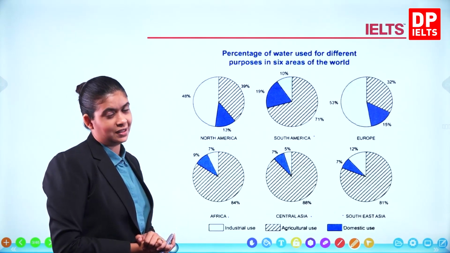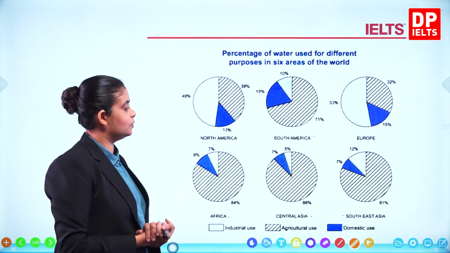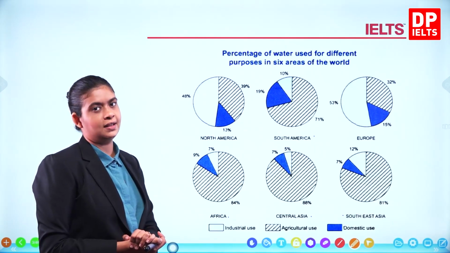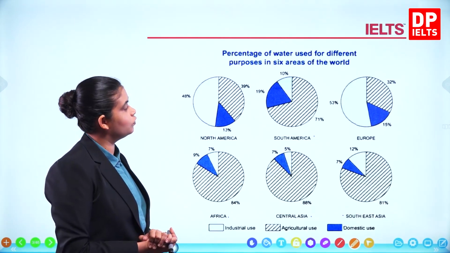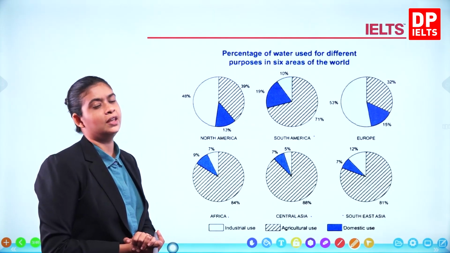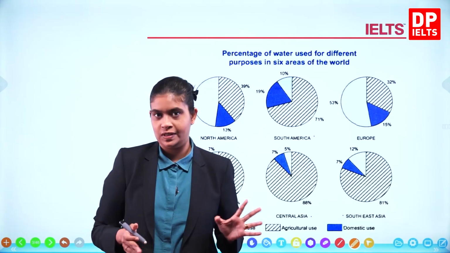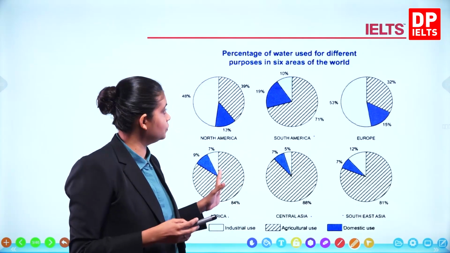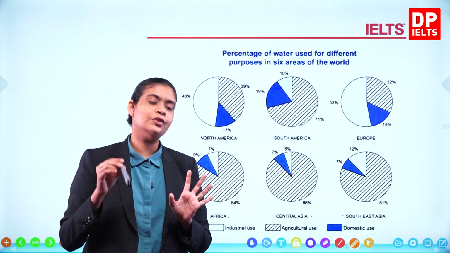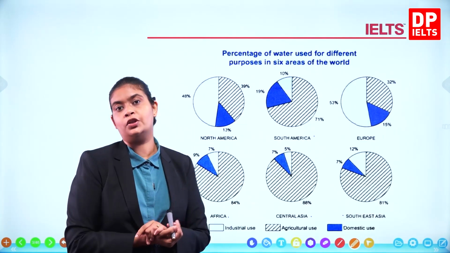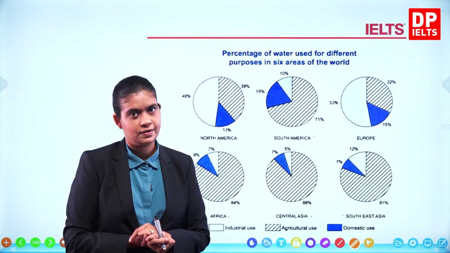Right, so I'd like you to pause the video for 20 minutes and write down an answer. Once you finish doing that, I will then write a sample answer so we can look at it. Now what do you do? You follow the 5-step process, okay? So when you do that, make sure you write the introduction, you write the overall view, and then you write 2 to 3 body paras, okay?